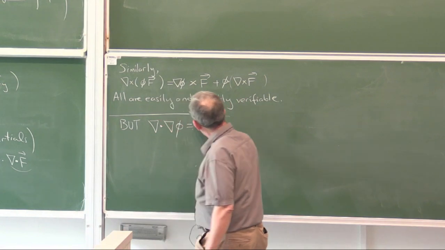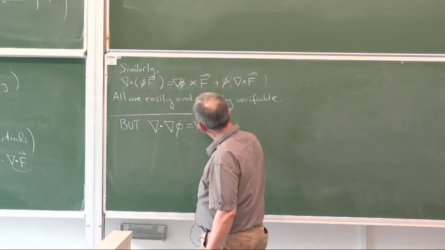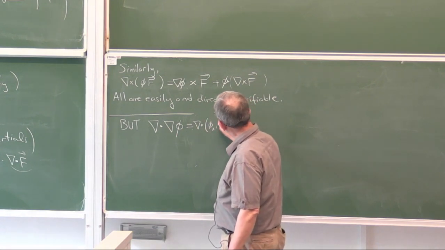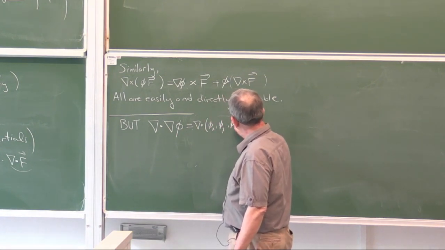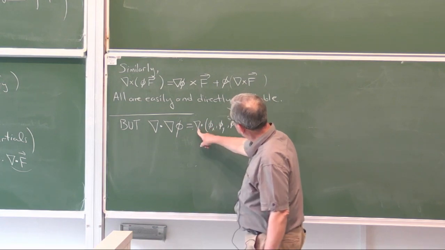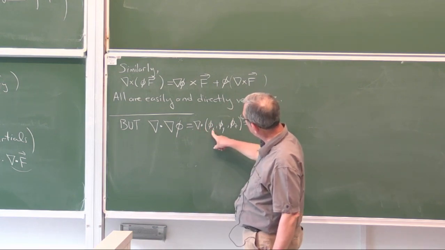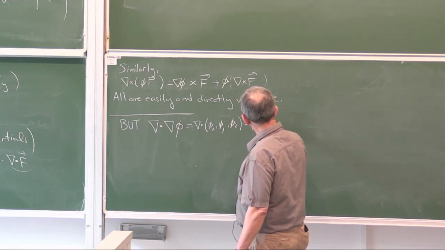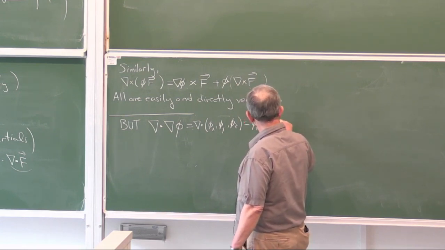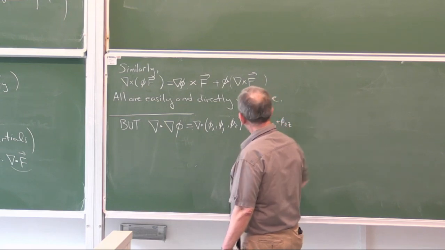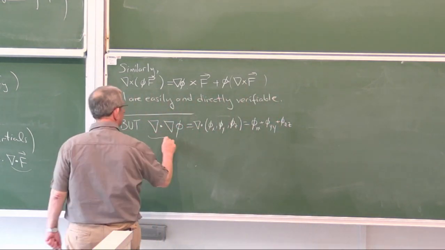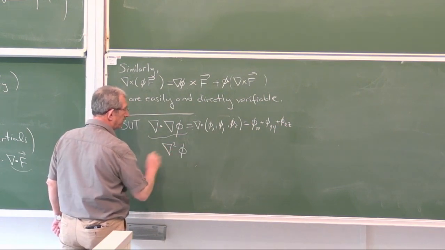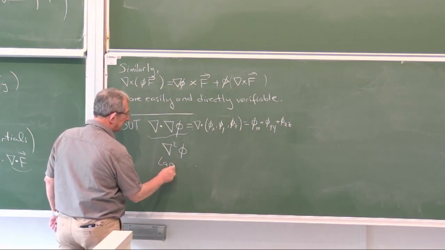Okay, this is the divergence of, okay, del phi was phi sub x, phi sub y, phi sub z. Well, this is derivative with respect to x here, y here, z here. So it is phi xx plus phi yy plus phi zz. Okay. This is usually shown in the form del square phi, called the Laplacian operator.